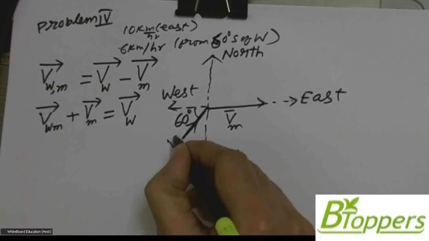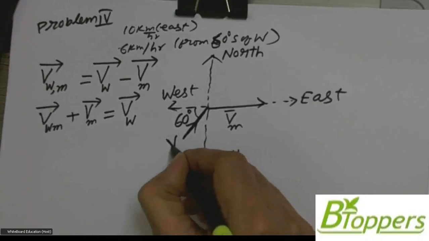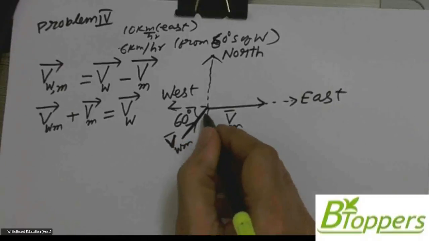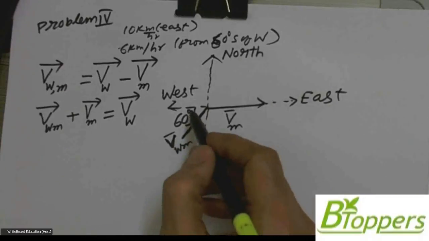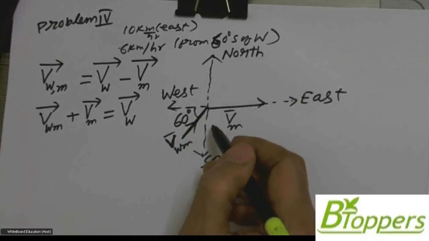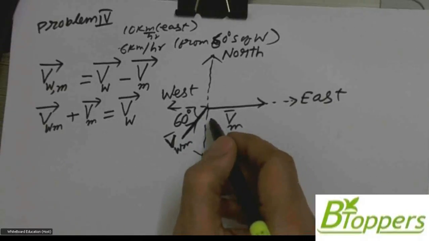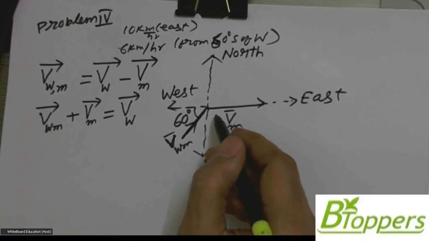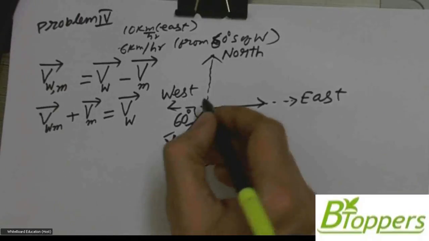The relative velocity of the wind with respect to the man is from the direction 60 degrees south of west. That means 60 degrees with the south-west direction. As I discussed earlier, to know the angle between two vectors by the graphical method, the two vectors must be drawn from the same point such that tail of one vector is attached to the tail of the other vector.